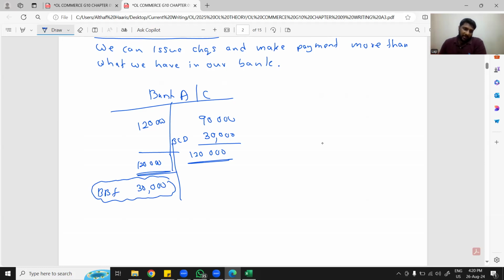Debit side. If the BF is in the debit side, that means it's a positive balance. Positive balance means it's a current asset for us.